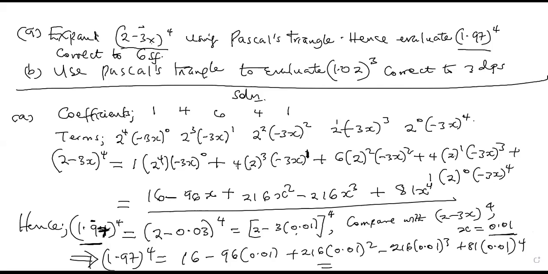So the moment you work on this, you're supposed to get the final answer, which is 15.06138431, but they want the answer in 6 significant figures, so which is the same as 15.0614. So that is how we would expand that.